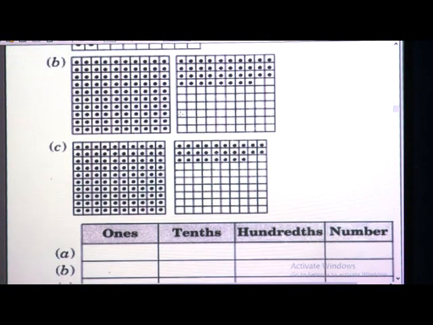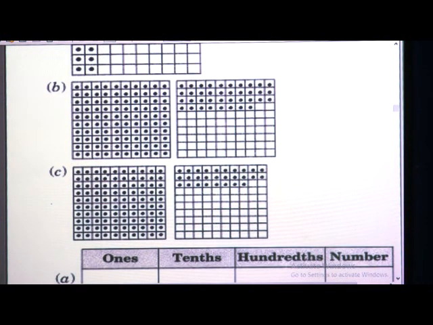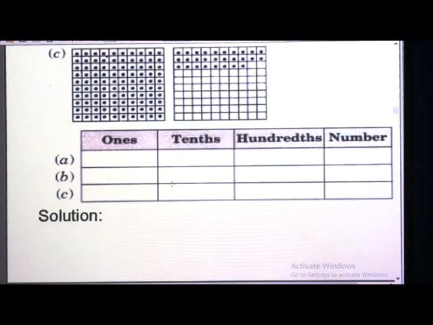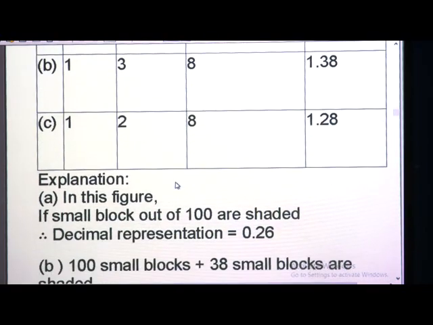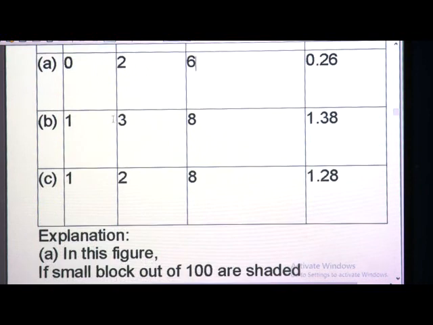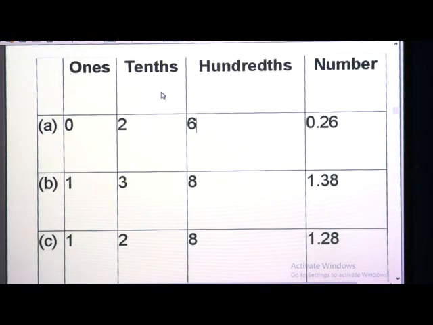See, it means we have a full one. In ones place we have 1, in tenths place we have 3, in hundredths place we have 8. So, we got the number as 1.38.